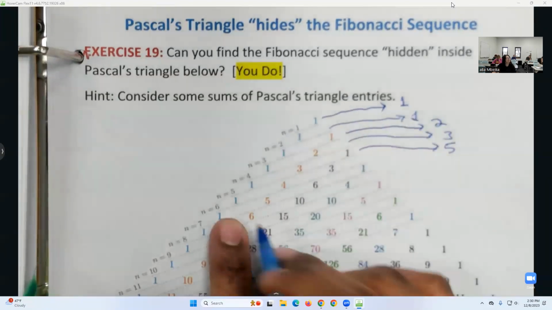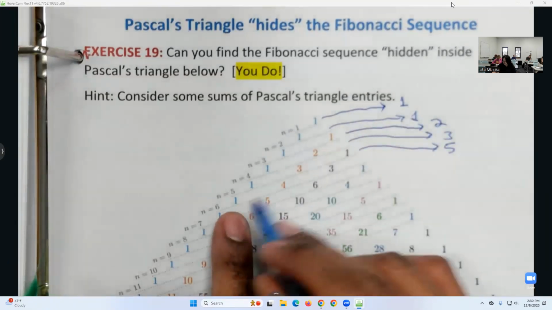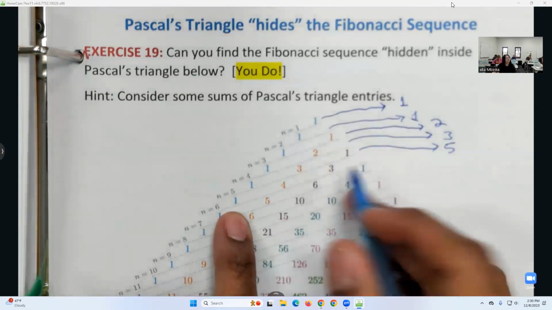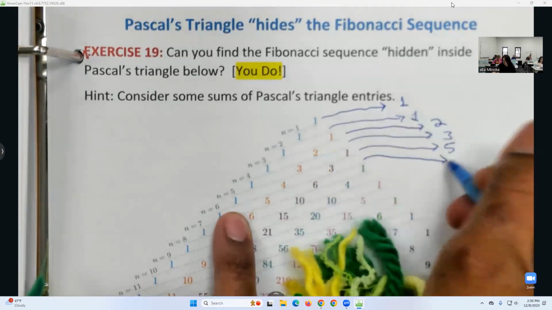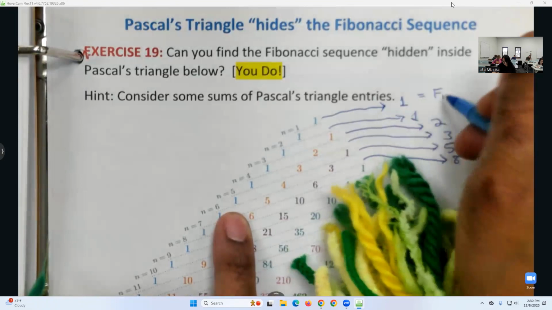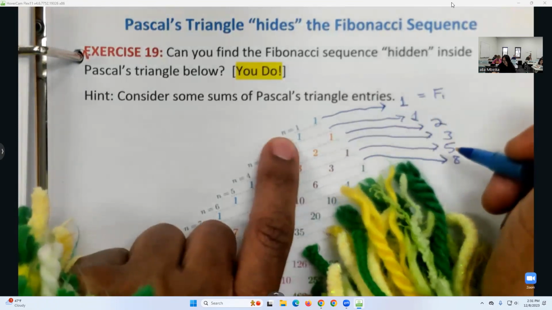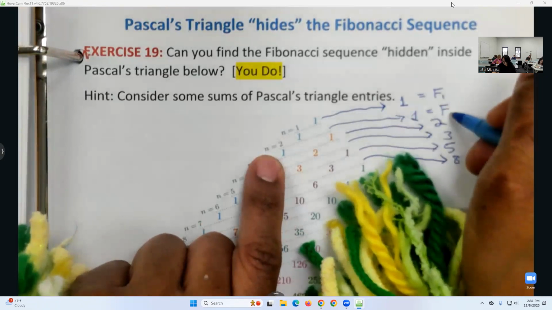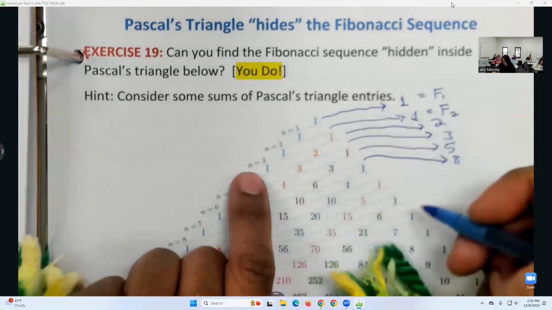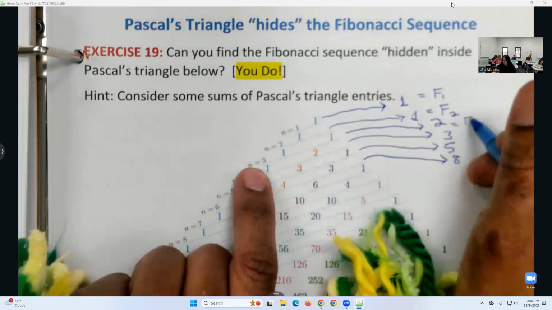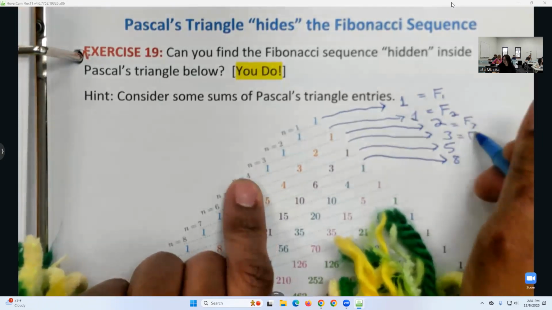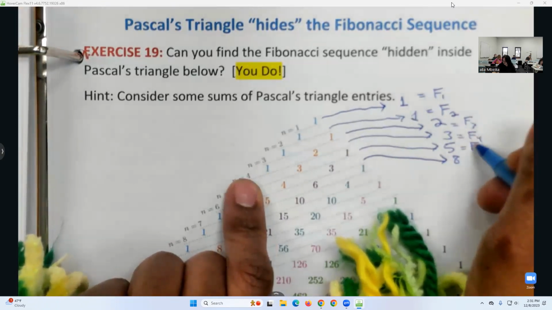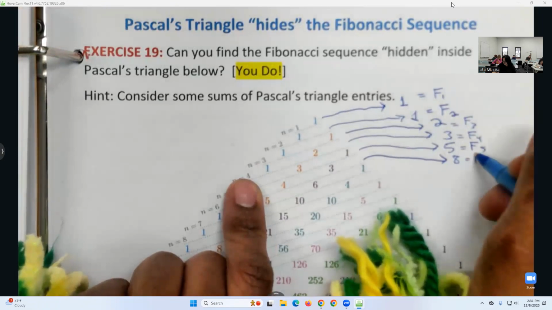Fibonacci is not trying to hide in Pascal's triangle. 1 plus 4 plus 3 is 5 plus 3, which is 8. So far we got F1 from the row n equal 1, F2 from the second slanty diagonal. We got F3 from the third slanty diagonal, F4 from the fourth, F5, F6.